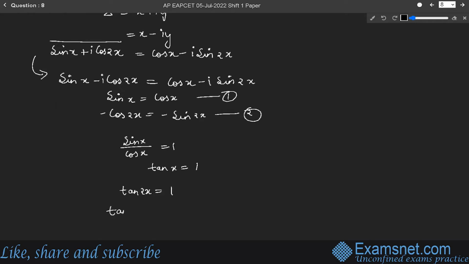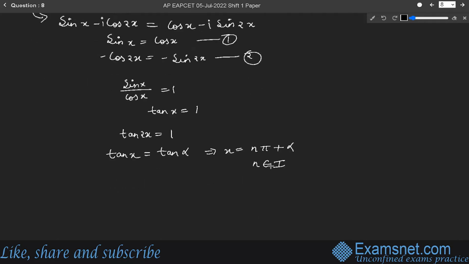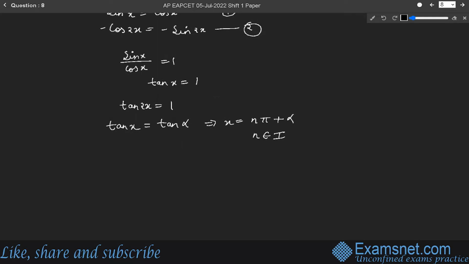We know that tan x is equal to tan alpha when x is equal to n pi plus alpha, where n belongs to any integer. Here, tan x is equal to 1. It means that tan x is equal to tan pi by 4.